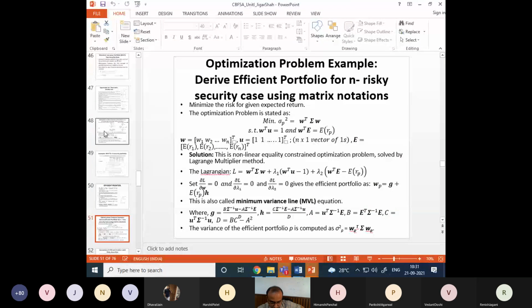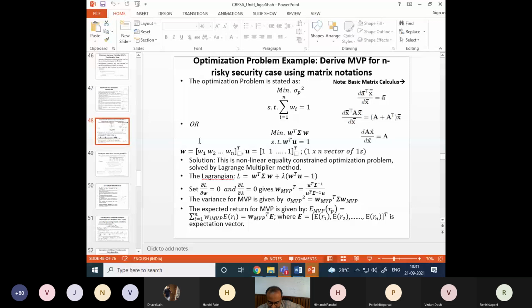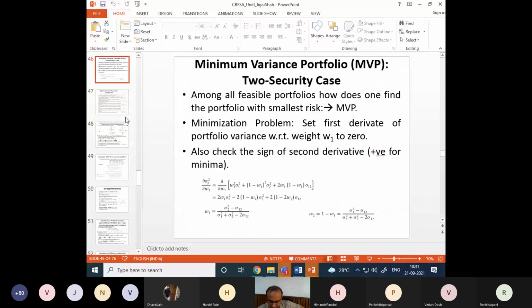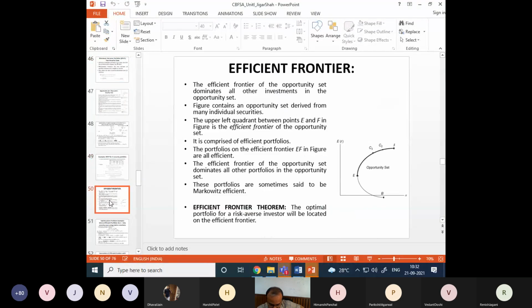Many students try to solve it using this 3 portfolio case, which is also one of the ways. They have tried to solve the optimization problem numerically, like we have solved here for the 2 security case. That's possible, but it is very lengthy and you will not be able to carry it through to the end for any generalized case.